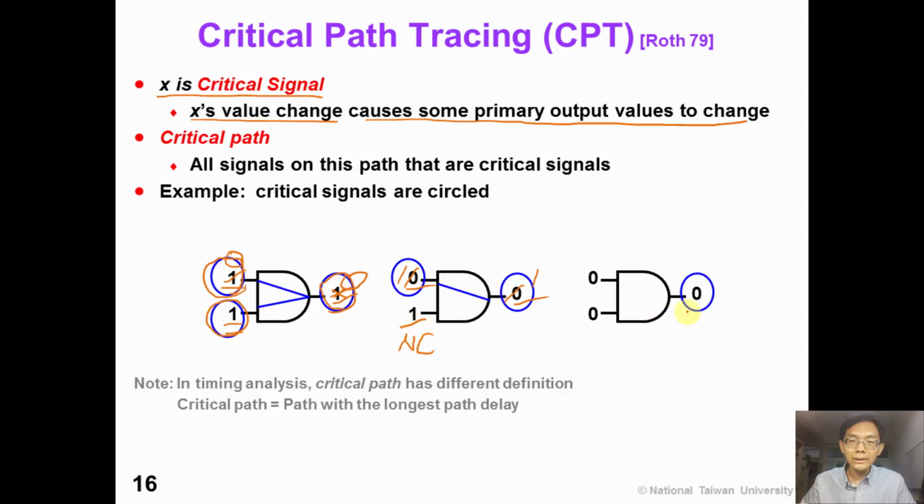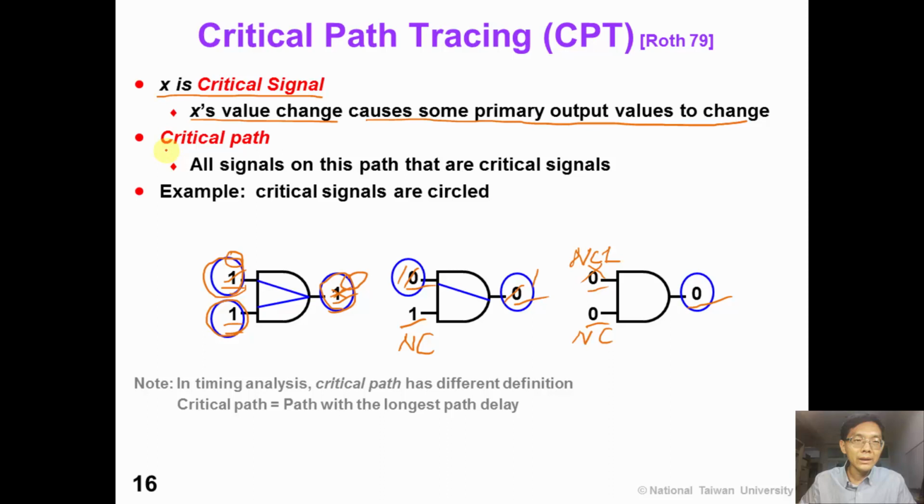Now for the third case, the primary output 0 is critical, but neither of these two gate inputs is critical. Because 0 is a controlling value, even if we flip one 0, the output won't be changed. So both zeros are non-critical.